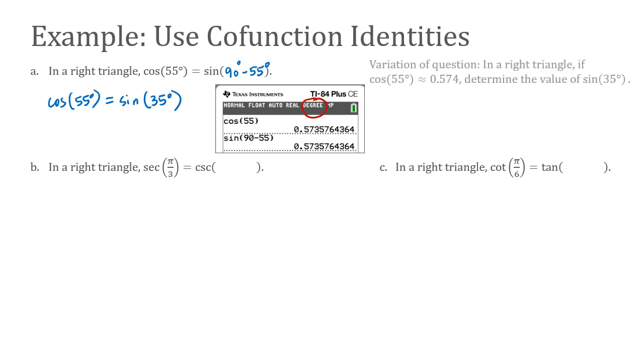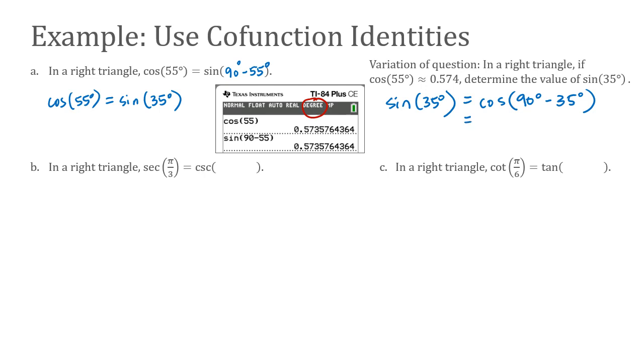Now, a variation of this question could be: in a right triangle, if the cosine of 55 degrees is approximately 0.574, then determine the value of the sine of 35 degrees. So if that were the case, then I might write something like this. The sine of 35 degrees is equal to the cosine of 90 degrees minus 35 degrees.